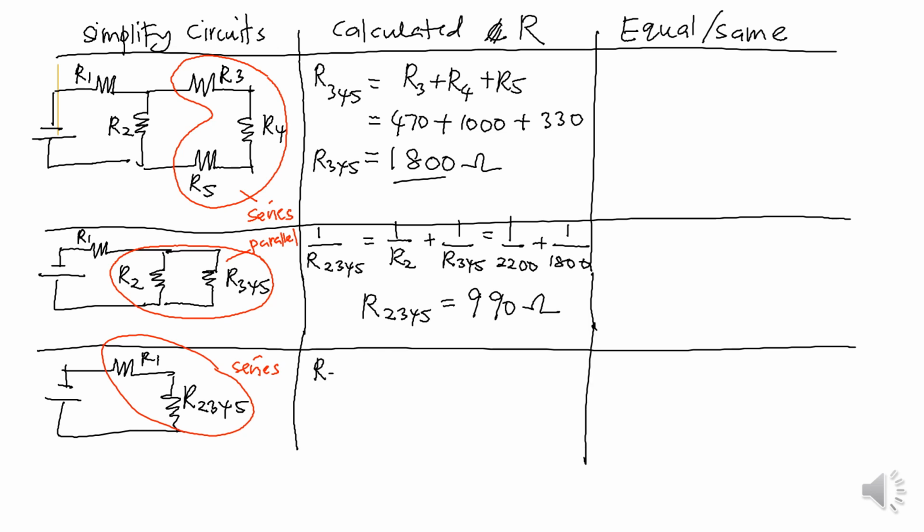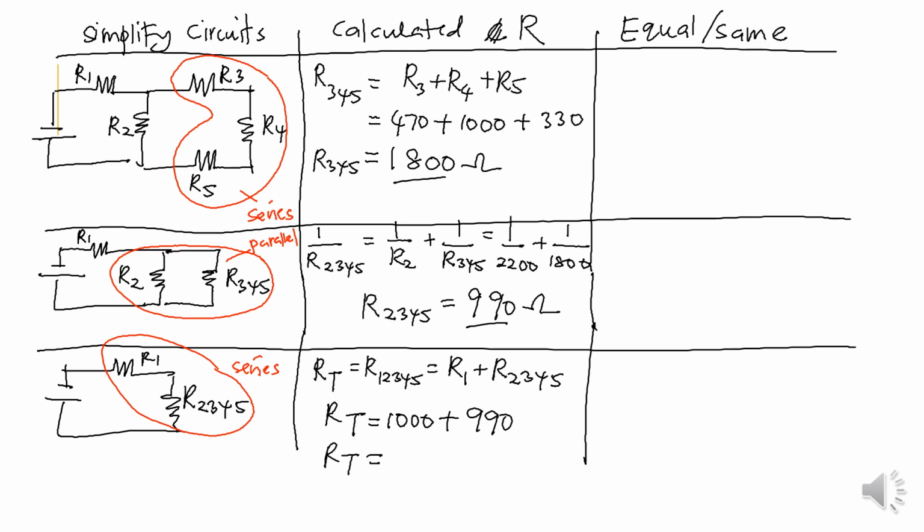So R total, iaitu R1 plus dengan R2345. So kita dapat R1, diberi R1 is 1000 plus dengan R2345 is 990. So dapatlah R total kita 1990 ohm.